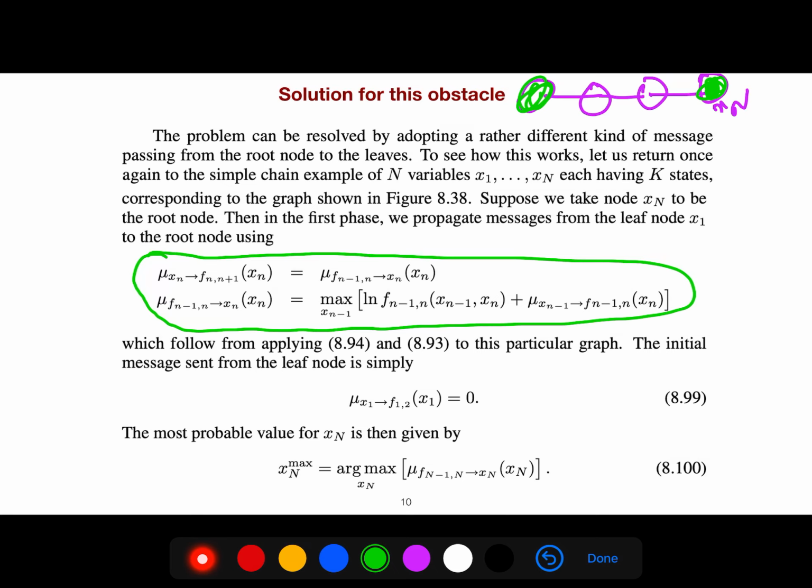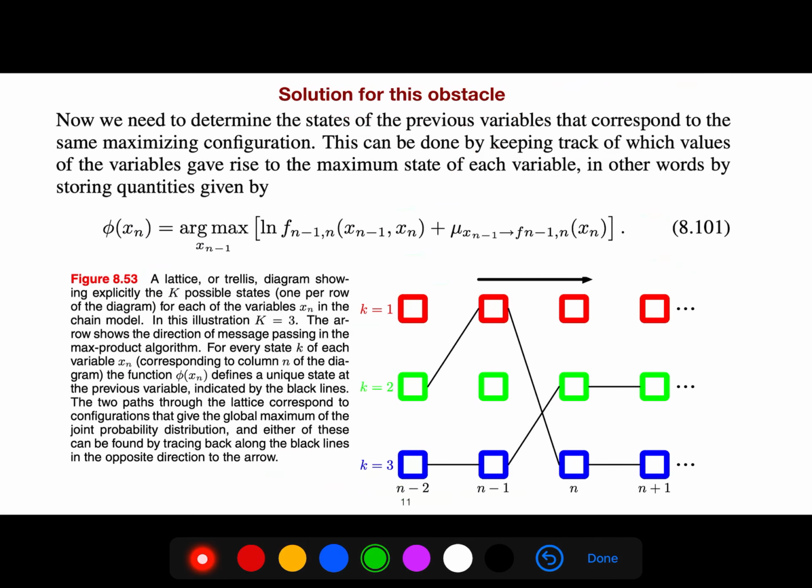The initial message sent from the leaf node we set to 0, and the most probable xN can be achieved very easily. Now we need to determine the states of the previous variables that correspond to the same maximizing configuration.